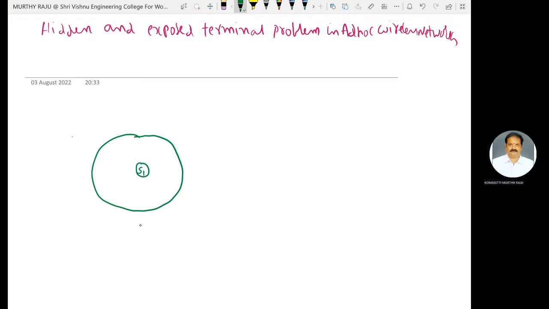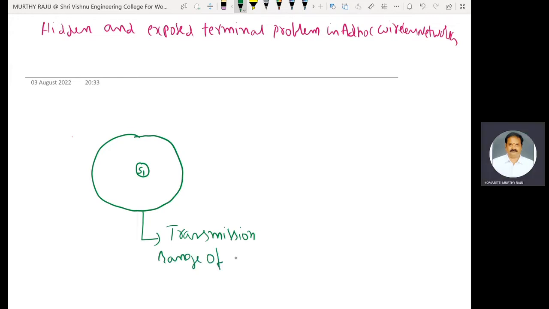This is the transmission range of node S1.